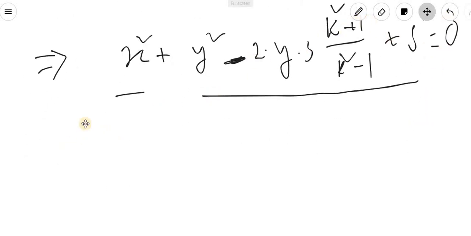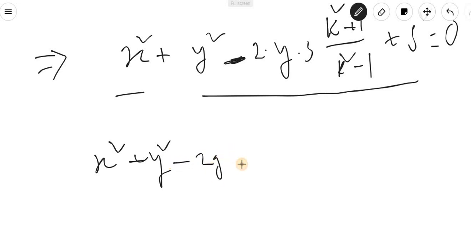So now, if we take this equation as a reference, from the equation of the circle, x square plus y square minus 2gx minus 2hy plus c equal to 0.